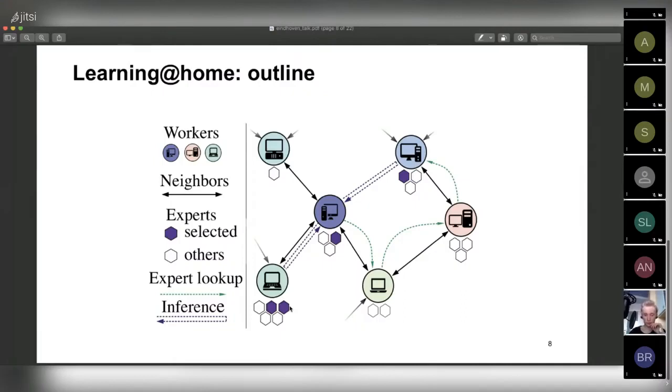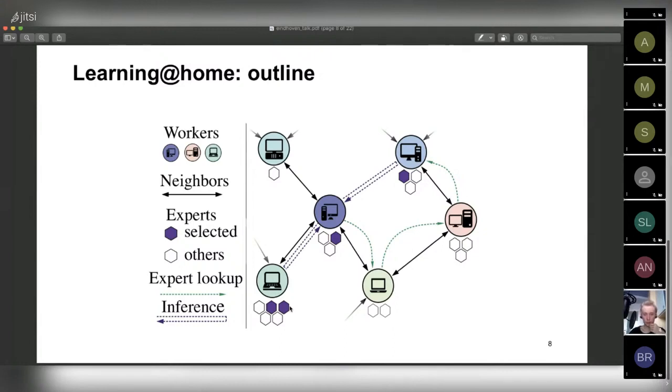And all of them are located on different computers. So in order to proceed with your forward pass and backward pass as well, you just choose these experts, you locate them using a specific mechanism, which I'll elaborate on a little bit later. And then you just aggregate the results from all these experts.